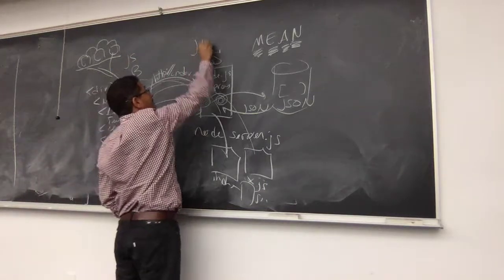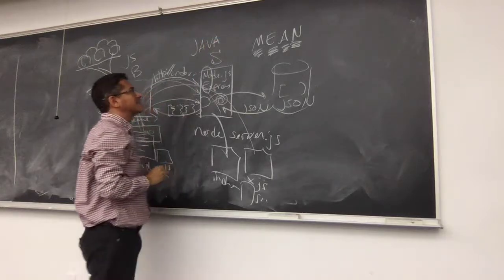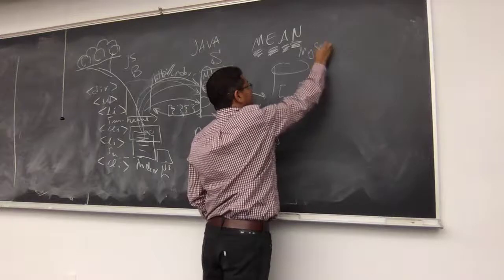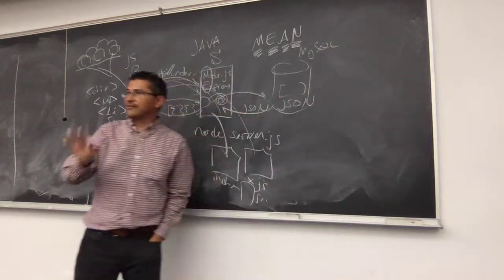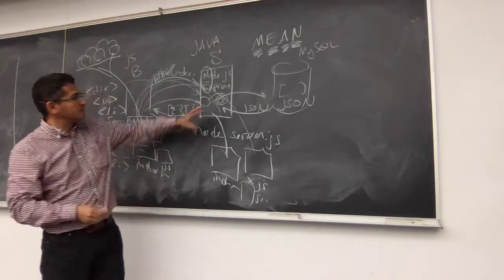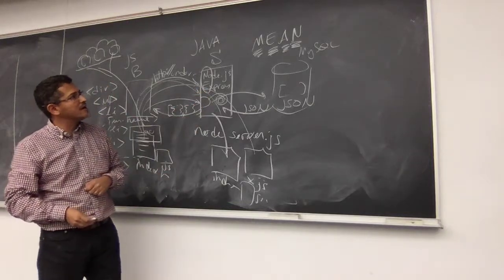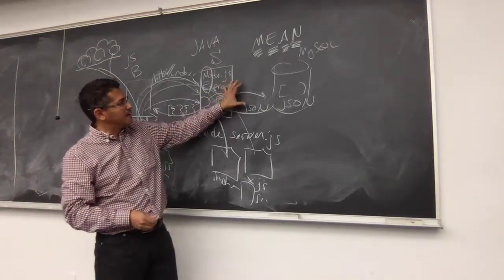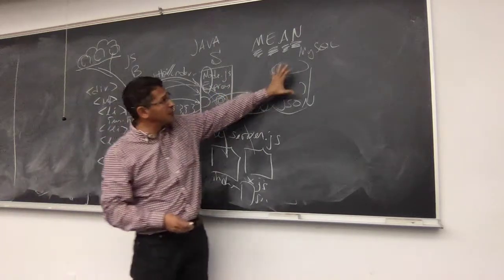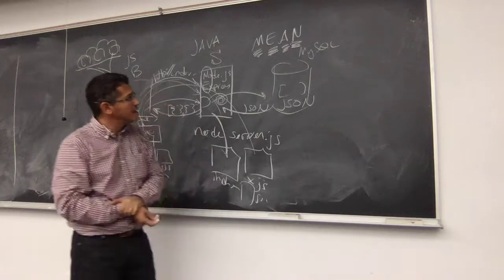That's a very common technology stack, right? And on the database you might have MySQL. That's a very common technology stack out there, where you might have J2EE on this side, using some JPA or similar to talk to the MySQL database.